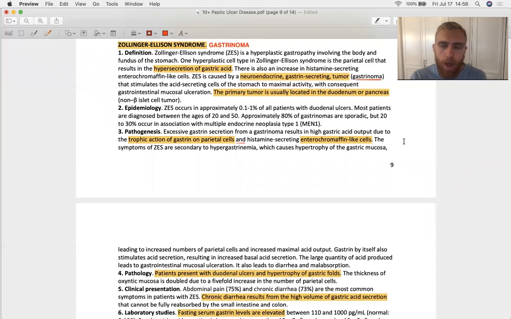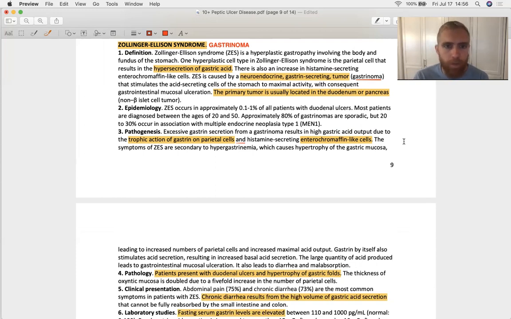So if gastrin makes parietal cells grow, what would happen if you had a neuroendocrine tumor that constantly secreted gastrin? Well, your parietal cells would multiply all hours of the day, all around the clock. They'd just be popping out new parietal cells, and they'd probably be making acid too. So you'd see hyperacidity of the stomach.